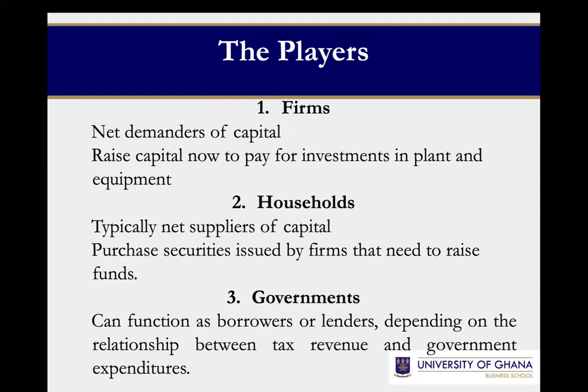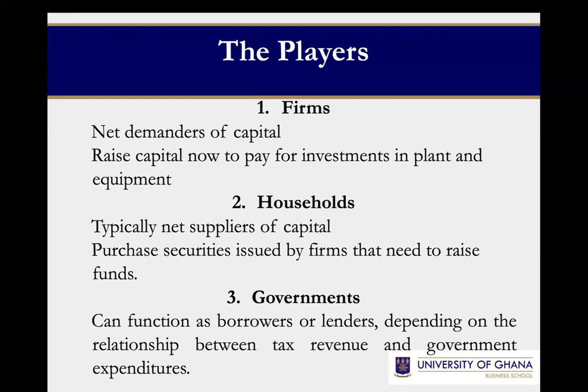Now, when you get into the financial market or the investment environment, to be precise, we have three key players. We have firms, we have households, and we have governments. Now, firms typically are the net demanders of capital. They usually raise capital now and use those to invest in plant and equipment.